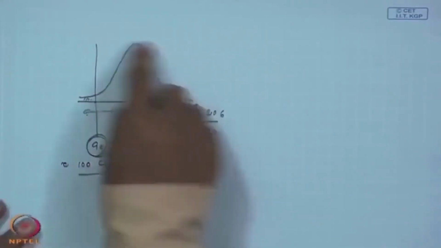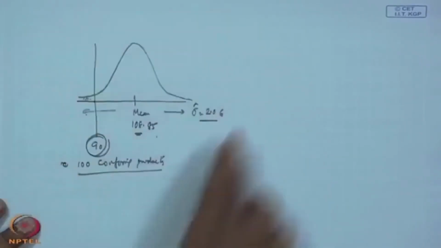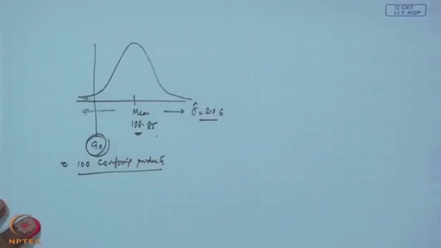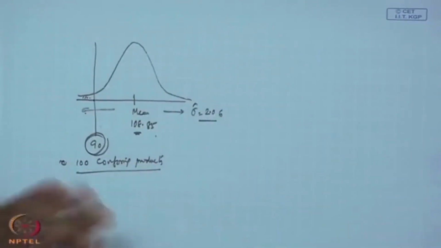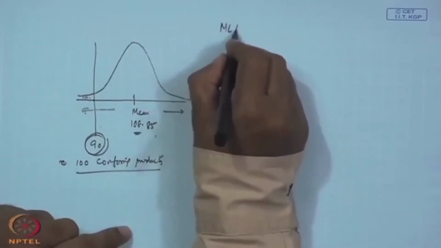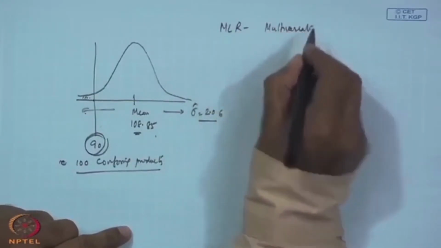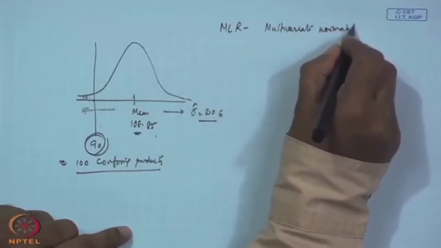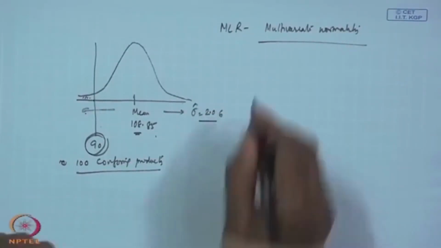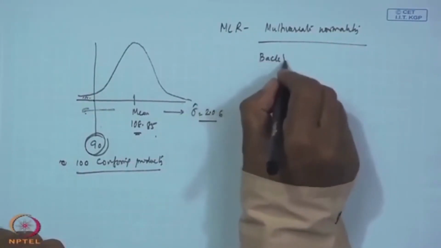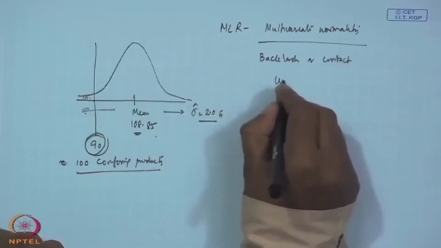So, you will have an idea with the mean and standard deviation and the normal distribution. Okay, this is the first level. So, MLR talks about one of the assumptions being multivariate normality. So, we will assume that the backlash or contact will definitely be univariate normal.